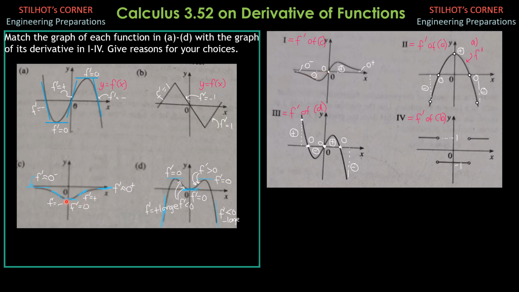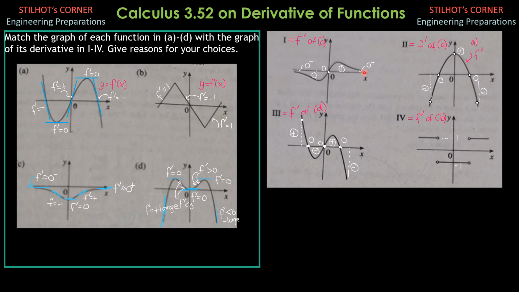Then it begins to have positive slope. It increases up to this point. This is the maximum slope for this interval, so that's why we have a maximum y there. Then the slope decreases, but it is still positive. F prime is almost 0 because this is almost horizontal, but it is positive.